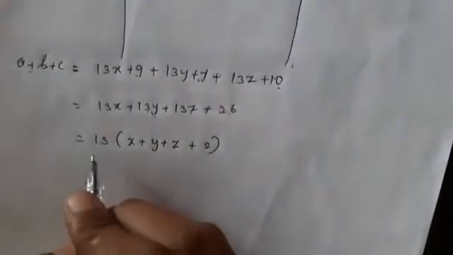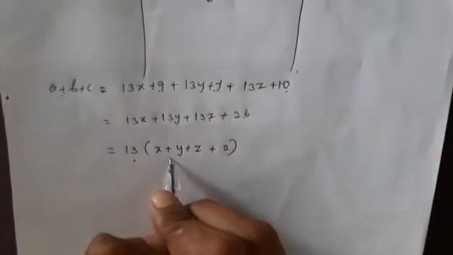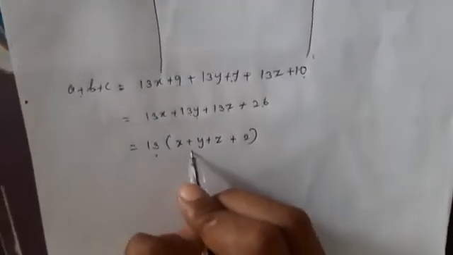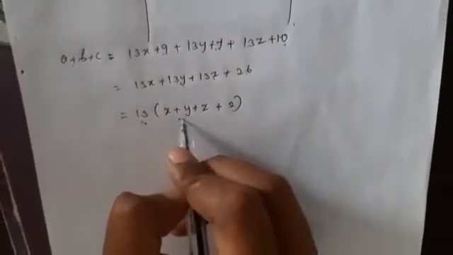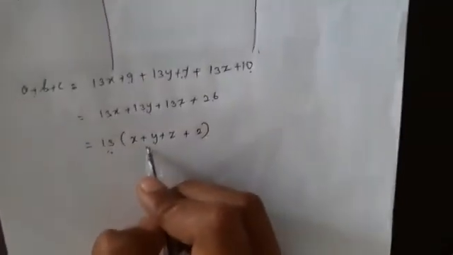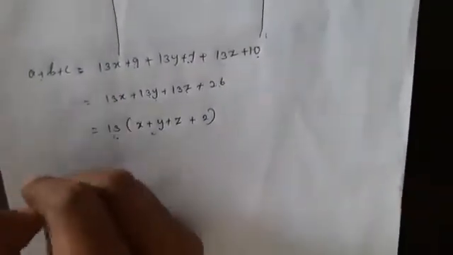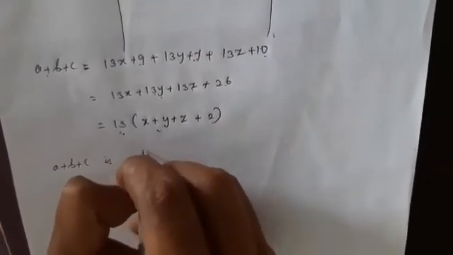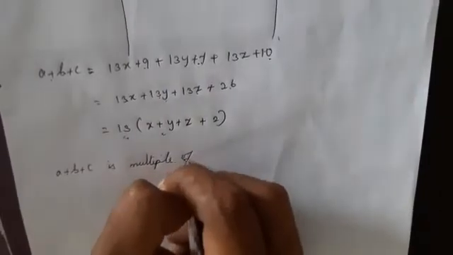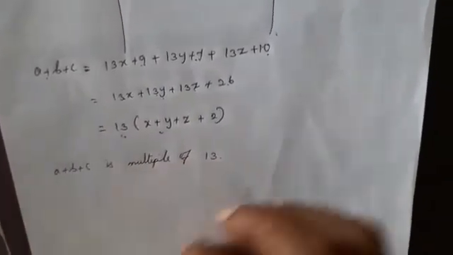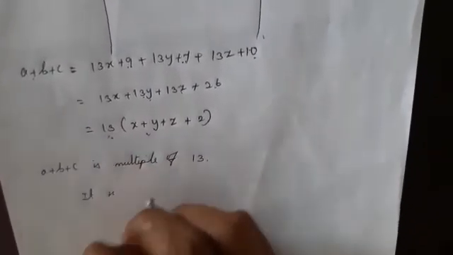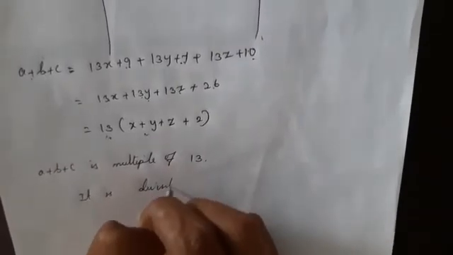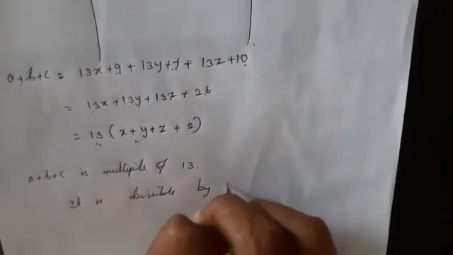So this one is 13 into anything, which is divisible by 13. Finally, a plus b plus c is a multiple of 13. It is divisible by 13.